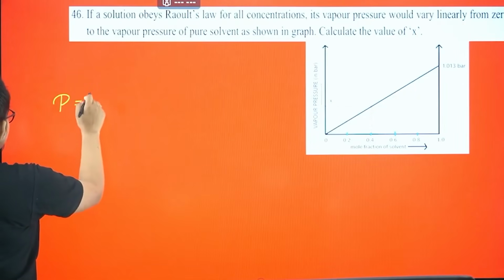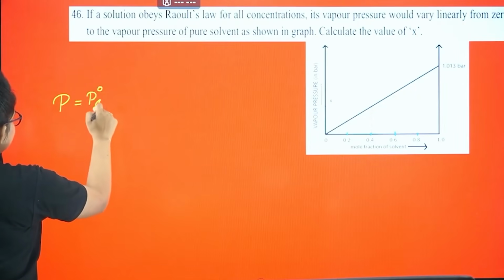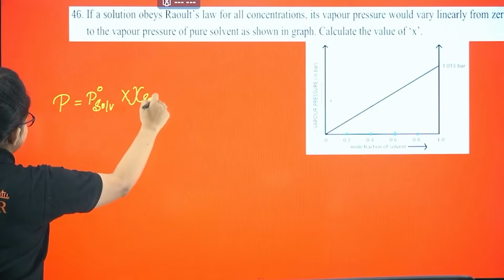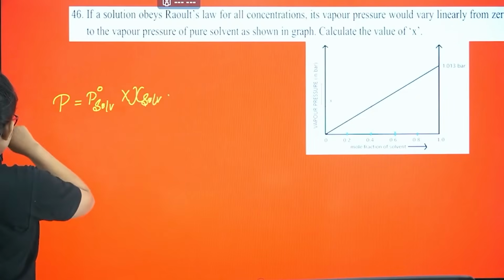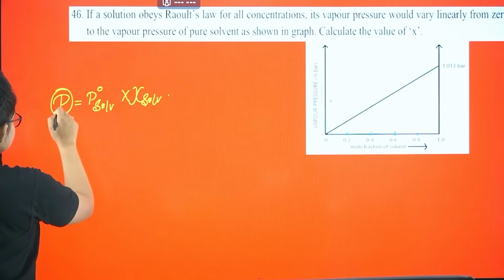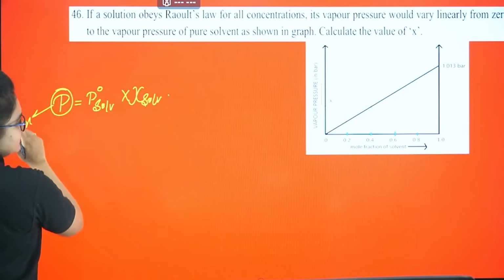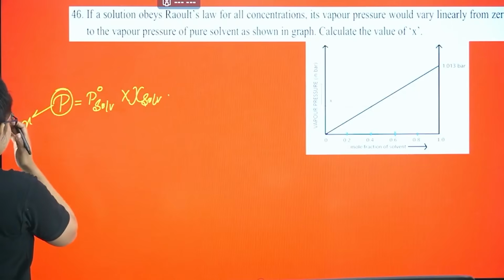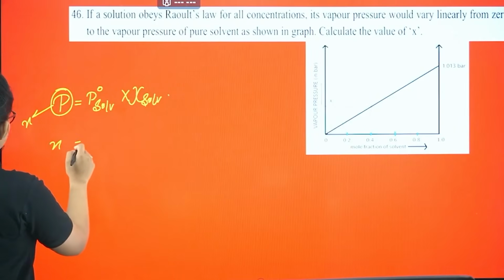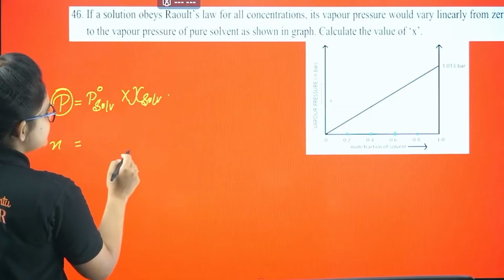P equals P naught of solvent into mole fraction of solvent, right? So from here, the X value is this, this is my X, vapor pressure, right? So P naught will be how much?